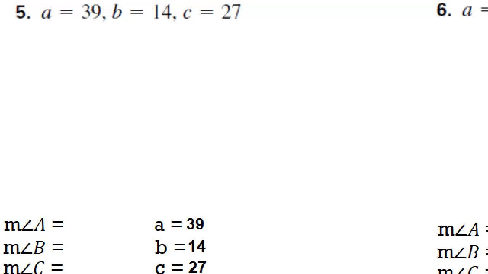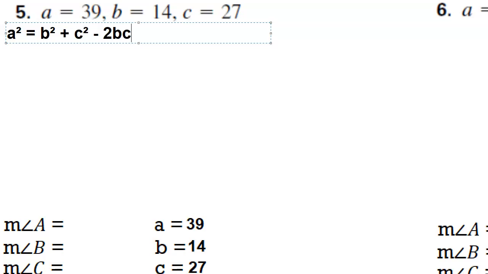Now, let's think back to what the law of cosines looks like. It doesn't matter which one of these we do first, because the law of cosines gives you the freedom to use any of the 3. So let's just take the initial formula that we learned yesterday. A squared equals b squared plus c squared minus 2bc cosine of A. Now, we were given 3 different versions of the law of cosines, and that was just the first version.